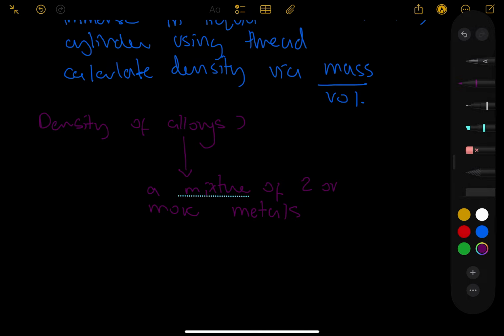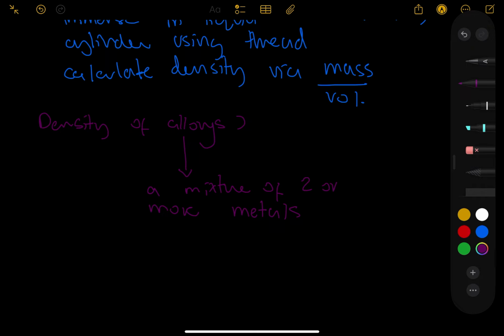As a result, it's more difficult for the layers of atoms to slide over each other, and it causes disruption between the layers, which can result in the mixture of metals being much stronger than the individual metal itself. So if we look at steel, I think it's a mixture of, I honestly don't know, iron and something, but the fact that it's a mixture makes it a lot stronger.